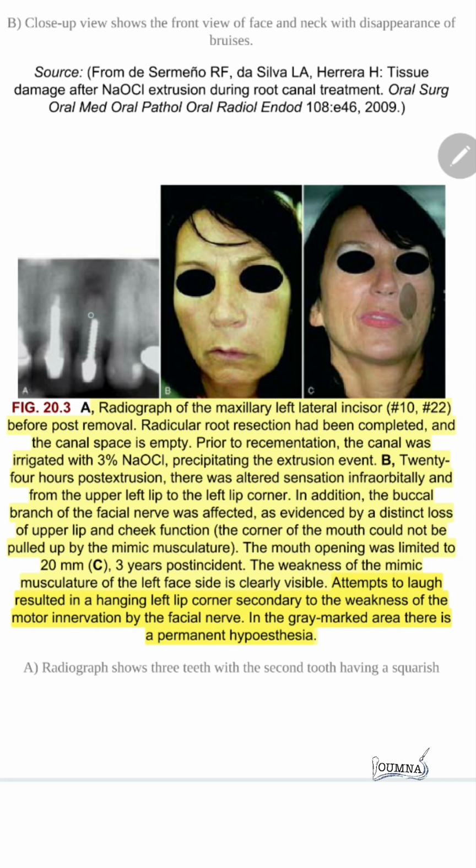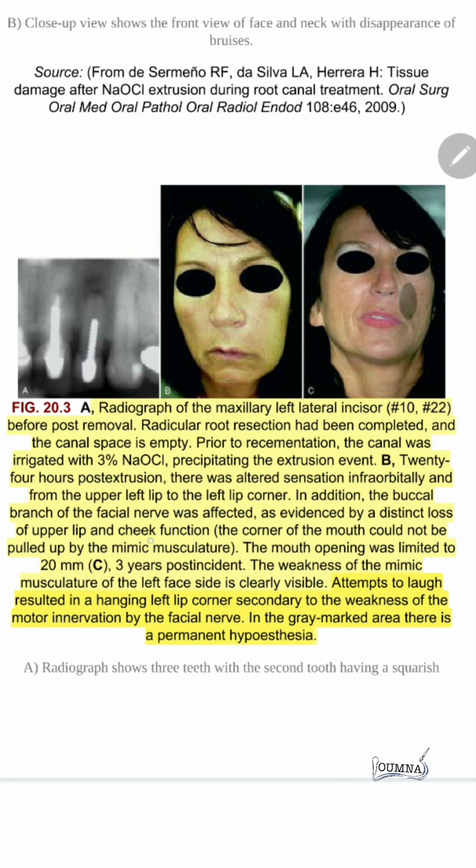Because it is restricted at the end, the hypochlorite diffused greatly into the periapical area, and the patient has lost her mastication ability to lift her upper lip and to smile properly, because the buccal branch of the facial nerve was affected.